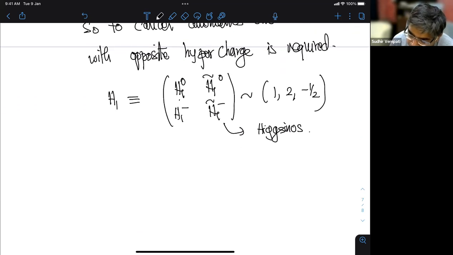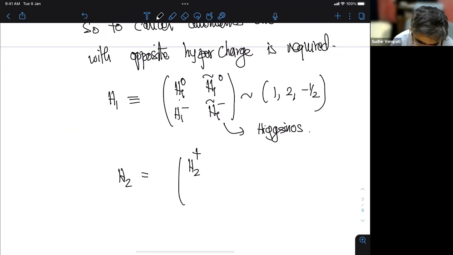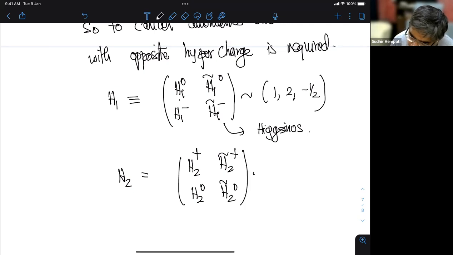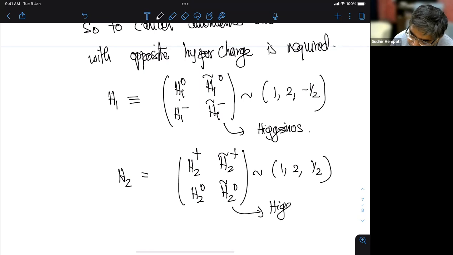So the Higgsinos are fermions, which we should remember. The second field is H2 plus, H2 plus tilde, H2 0. This has the opposite hypercharge, so you have your second set of Higgsinos.